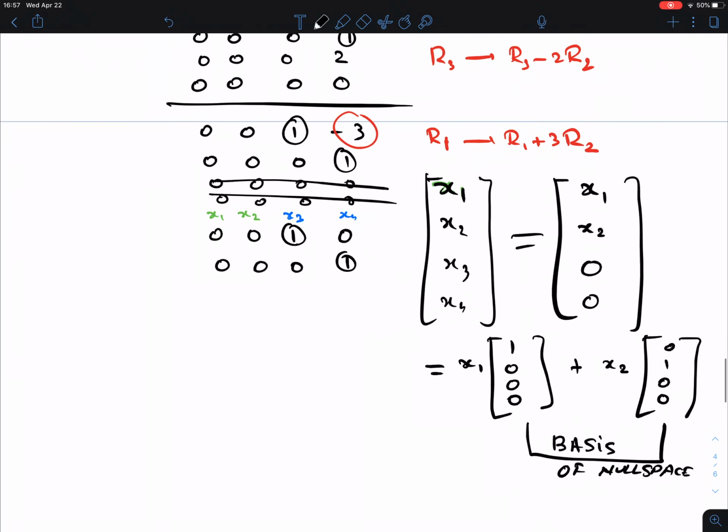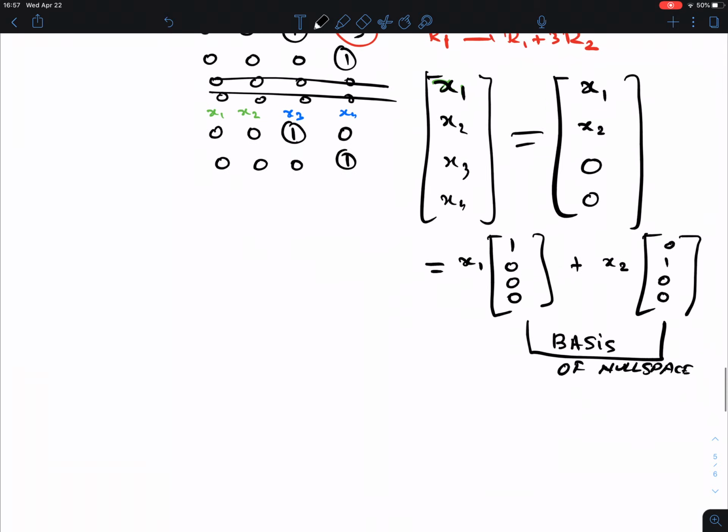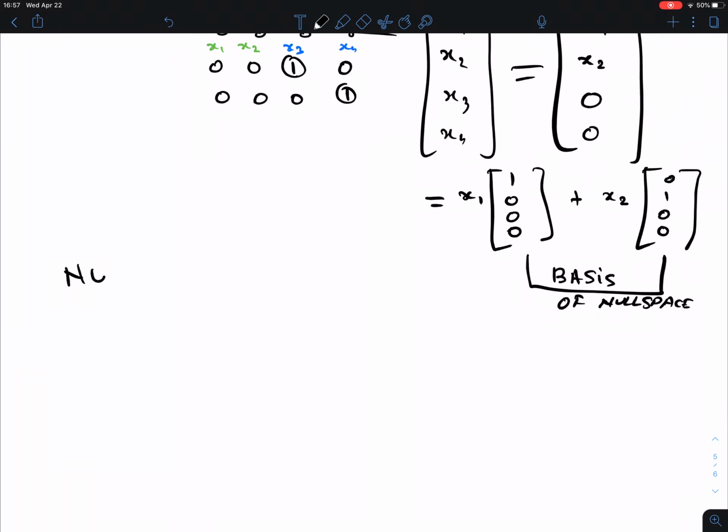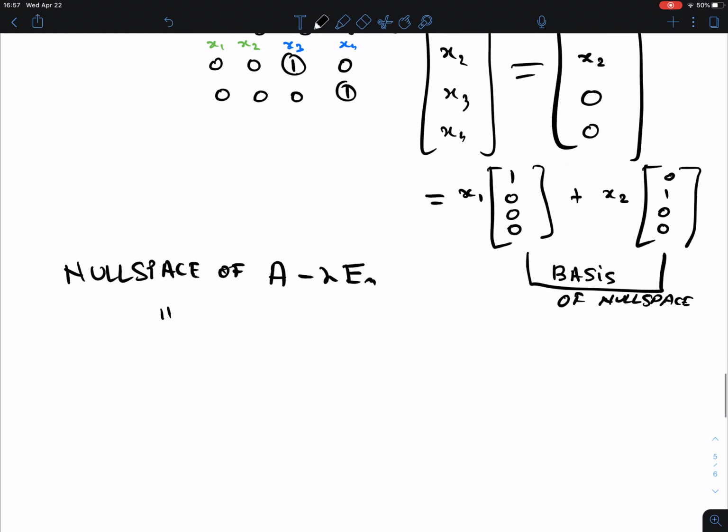And therefore we call this null space of the matrix A minus lambda times the identity the eigenspace of lambda. For each lambda you get a matrix, and you know that there is a null space, and the null space we call the eigenspace.